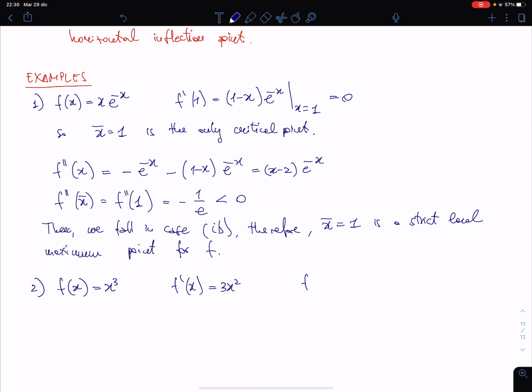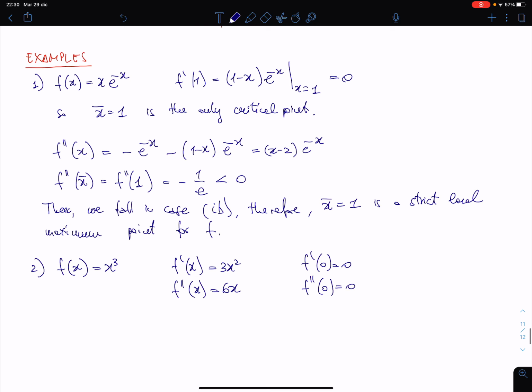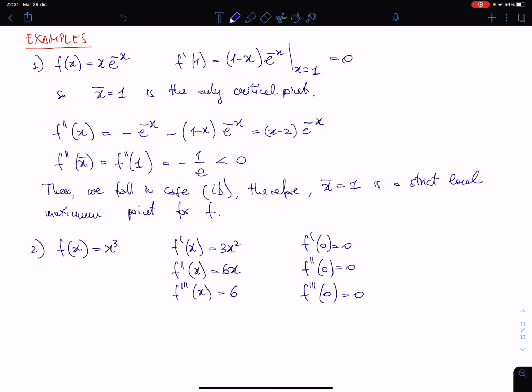So f prime of 0 is equal to 0. f second of x is equal to 6 times x. f second of 0 is equal to 0. And f third of x is equal to 6. So f third of 0 is equal to 6, so it's different from 0.